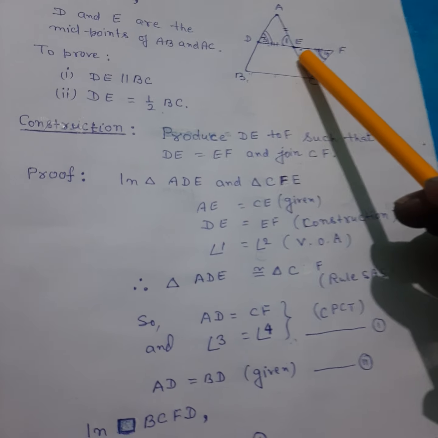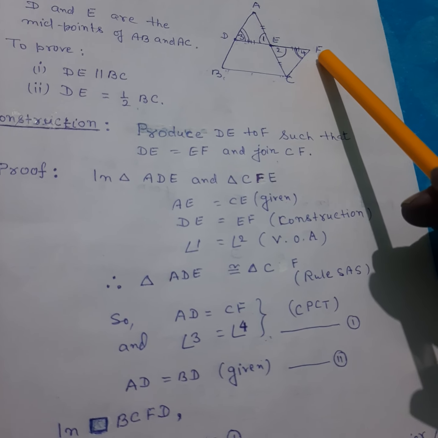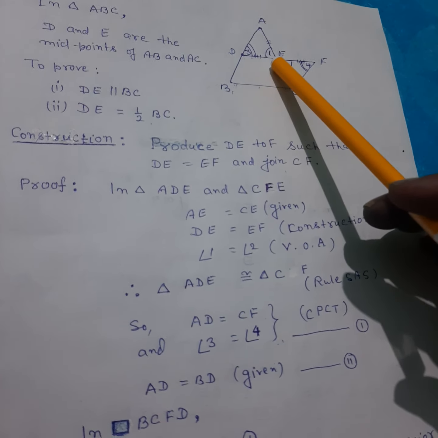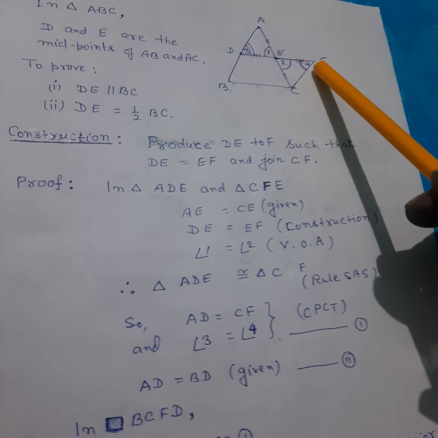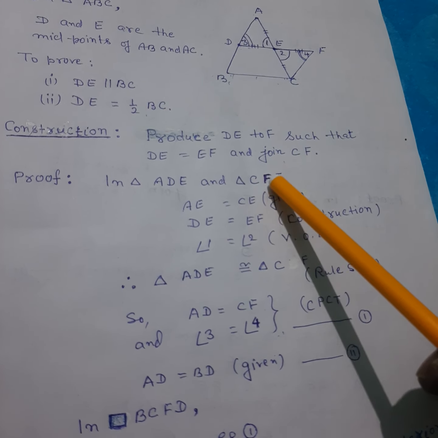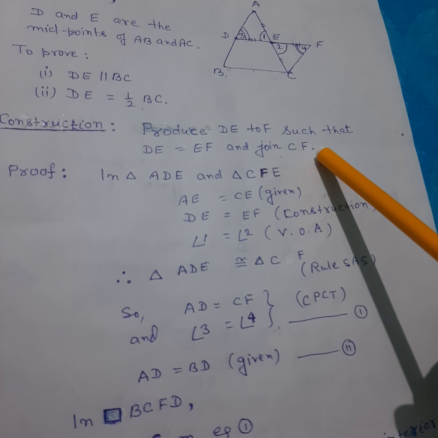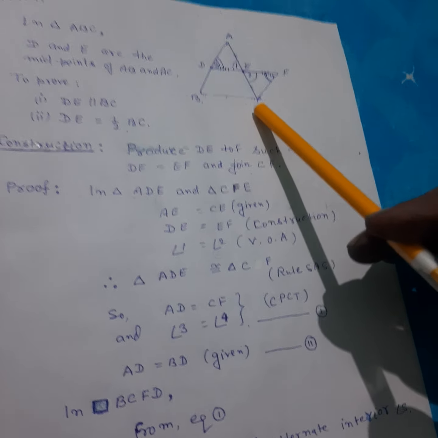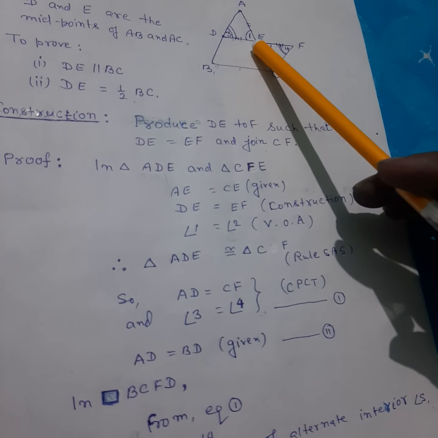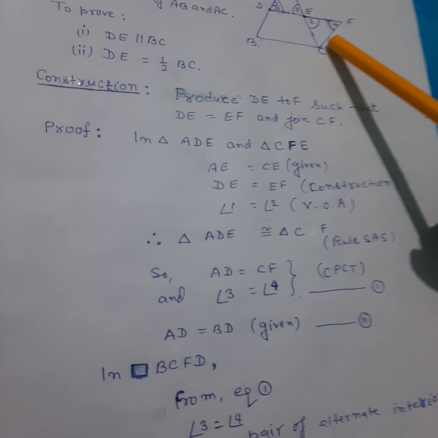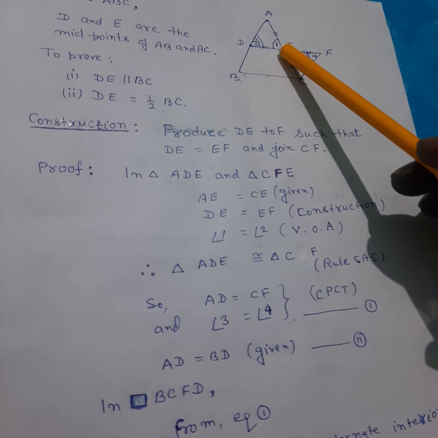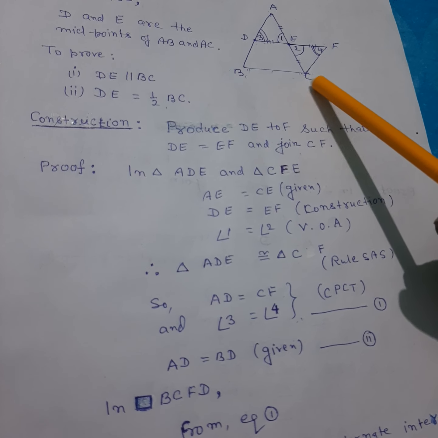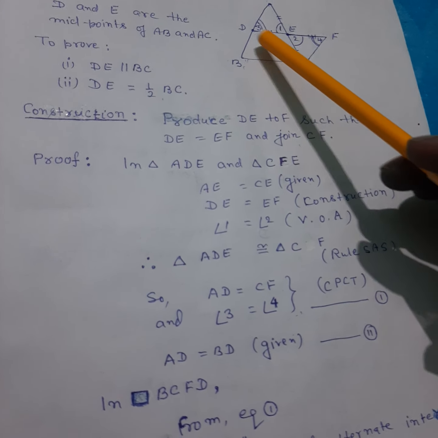Construction: produce DE to F such that DE equals EF, and join CF. Now in triangles ADE and CFE, here we observe AE equals CE, given because E is the midpoint of AC.